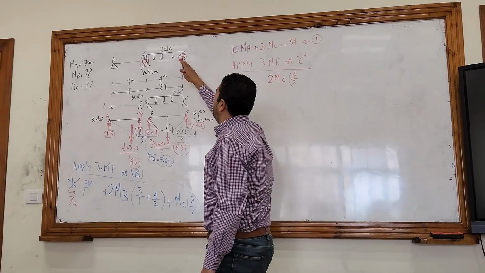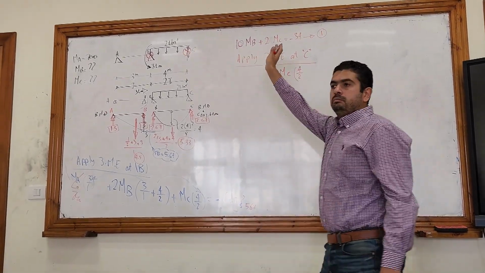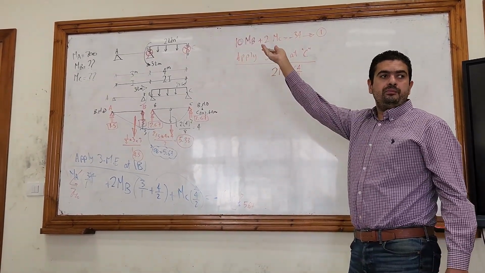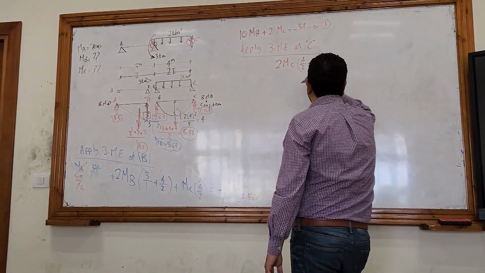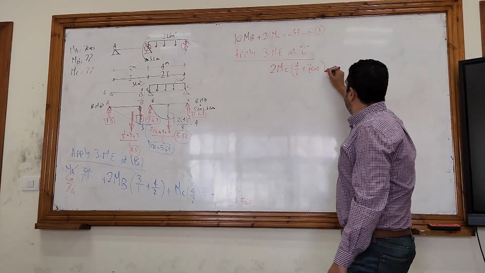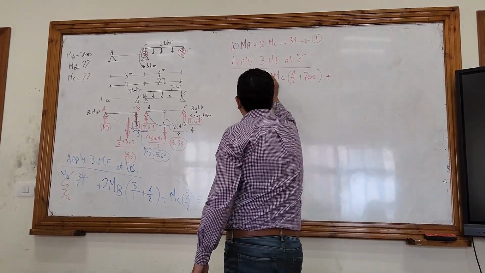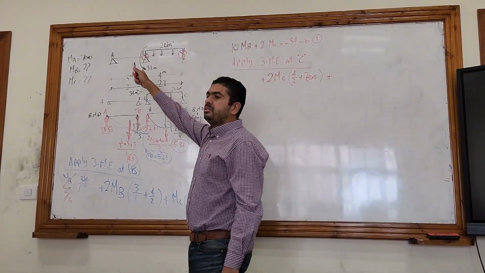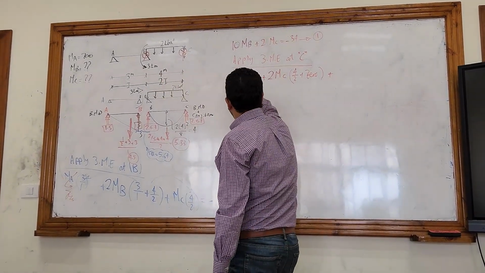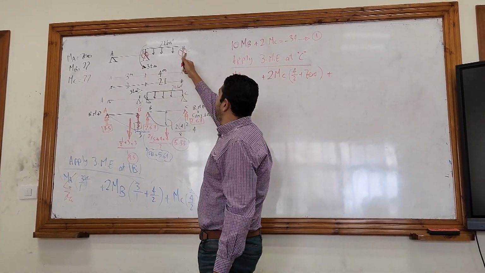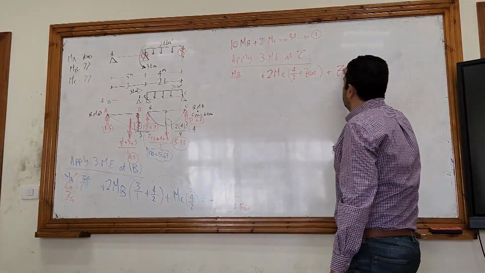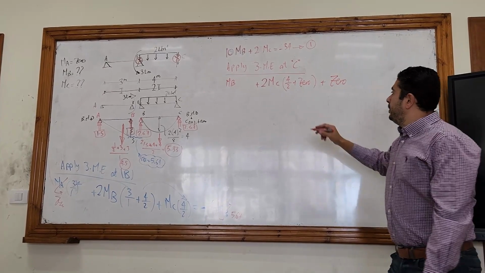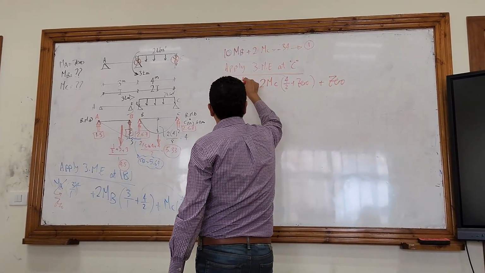What about the span after? No span after. There is not any span, so plus 0. Okay? Plus and plus. What is the support that is before C? It's B. What is the support that is after C? No support. 0. Bring this here, 4 over 2.